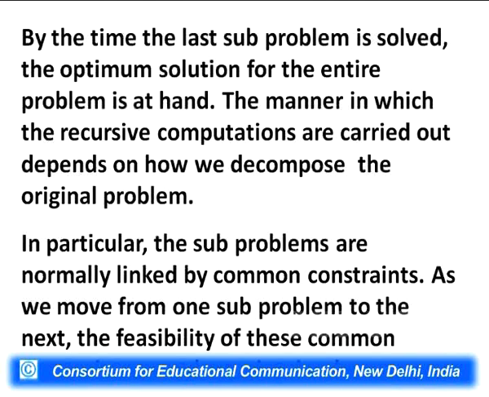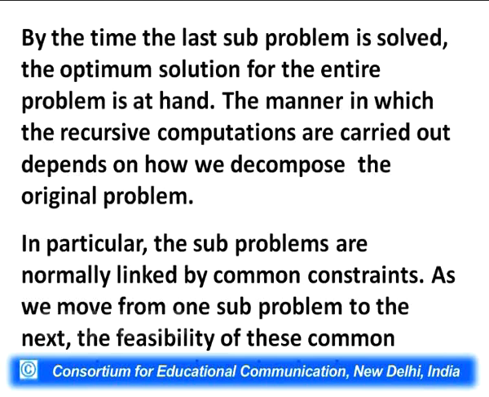By the time the last sub-problem is solved, the optimum solution for the entire problem is at hand. When we have the solution to the different stages, it means we have the solution to the main problem in our hand. The manner in which the recursive computations are carried out depends on how we decompose the original problem, what sort of method, what sort of mathematical principle we are going to use, and then we get the final solution.